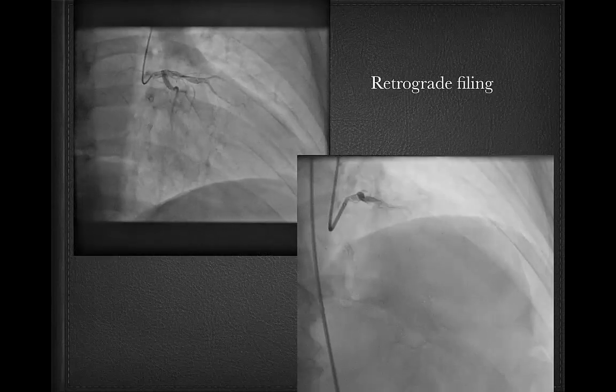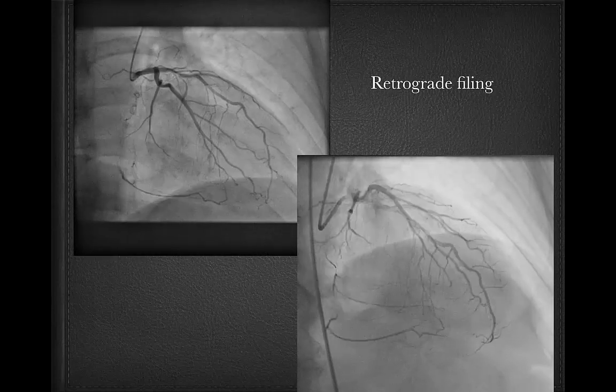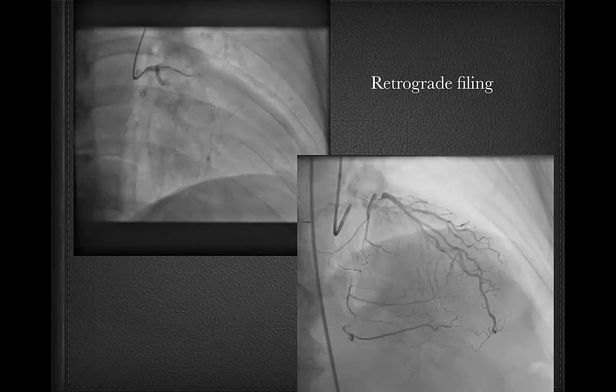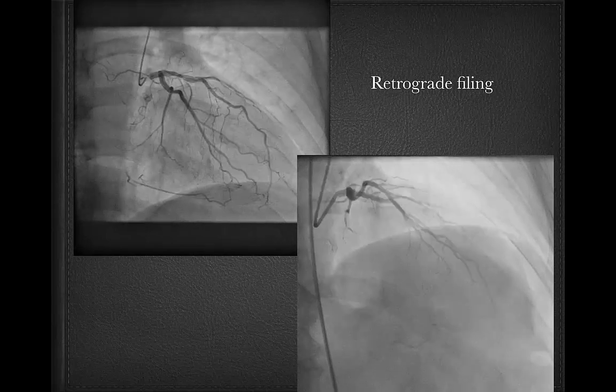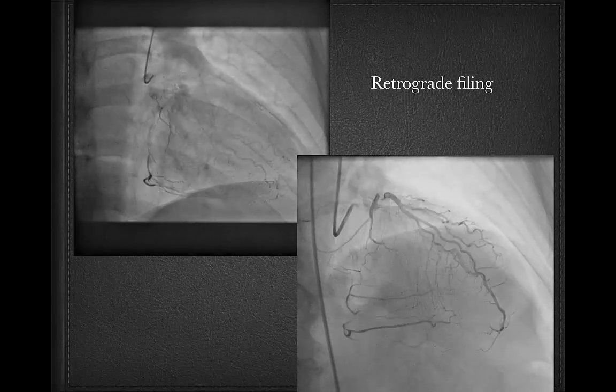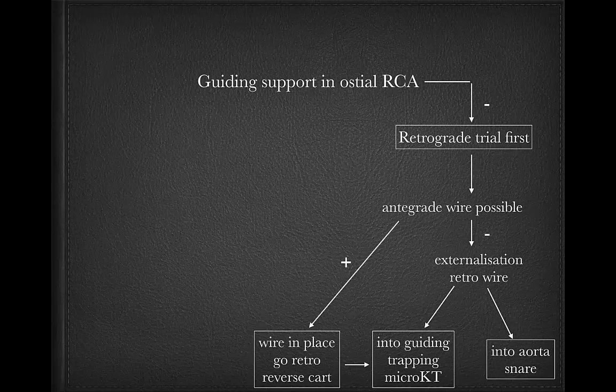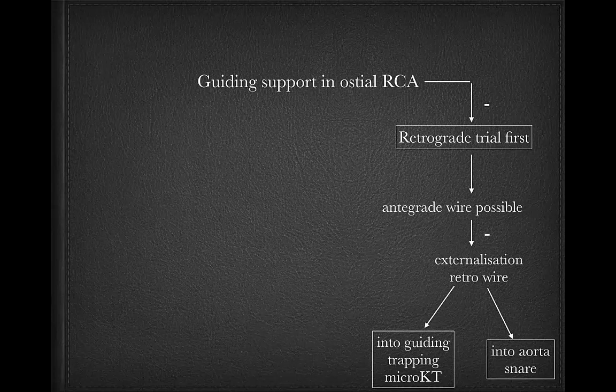But in this situation, there is a great connection from septal to distal RCA, so in this position integrated wiring wasn't possible. So the only way is to externalize the retrograde wire.